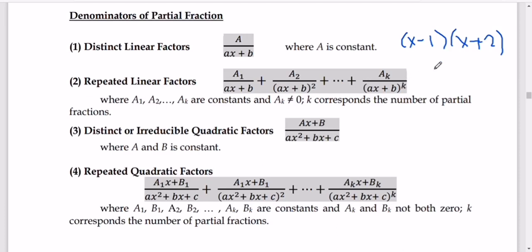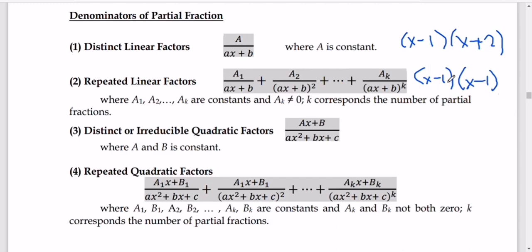Based on the description here, if it is a repeated linear factor, assuming we have a factored form x minus 1 times x minus 1, we could say that this is x minus 1 squared.